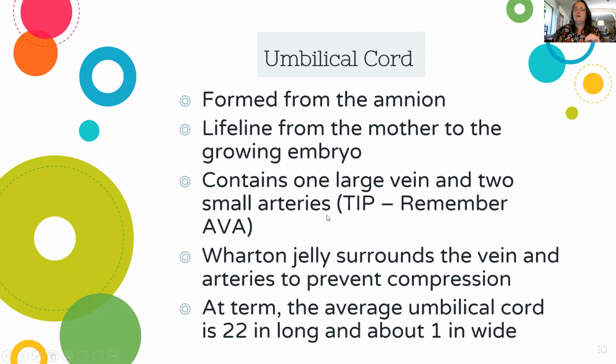So there's a tip here. You can remember AVA, and then you can remember there are 2 arteries and 1 vein. It is filled with something called Wharton's jelly, which surrounds the vein and arteries to prevent compression. Once Wharton's jelly comes out of the uterus and is in the atmosphere, it starts to harden.